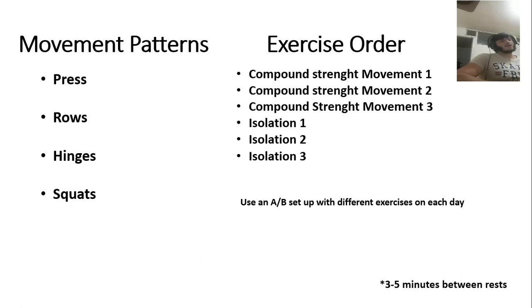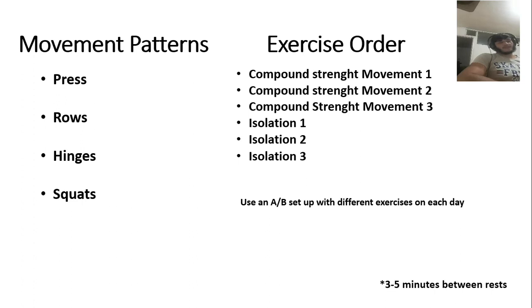So there are four main movement patterns that are gonna be trained through strength training. Those are the press, row, hinge, and squat. So a press can include anything from an incline bench press to a regular bench press to an overhead press to even a dip. It's basically a movement pattern that is working your chest, your deltoids, and your triceps.